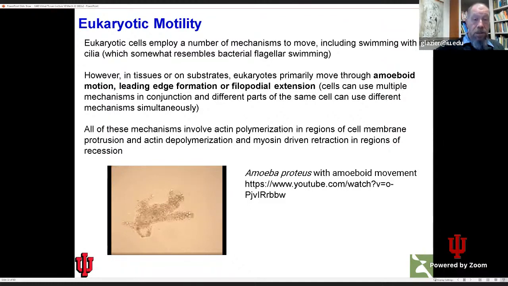And filopodial extensions, where the cell will protrude narrow fibrous projections that anchor onto a target and then contract and pull the cell along with them. So you can think of throwing out a tether and then pulling yourself up along the tether. Bacteria also have some movement mechanisms of that kind.